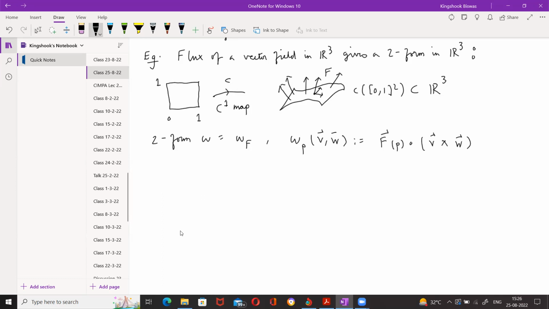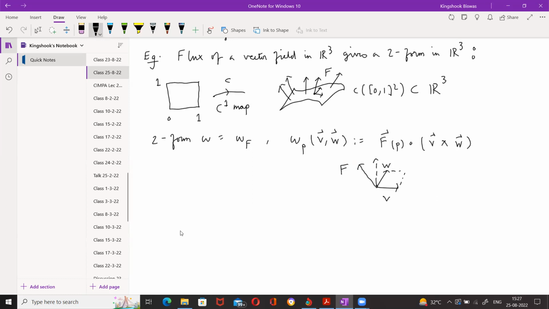So you think of an infinitesimal parallelogram with sides V and W. And I have here F. And here I get the normal vector, the cross product.